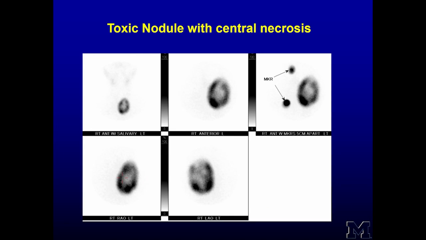Thyroid scintigraphy demonstrates the presence of a very large hyperfunctional left thyroid nodule, which has a photopenic center consistent with degeneration of the central portion of the nodule due to outgrowth of vascular supply.